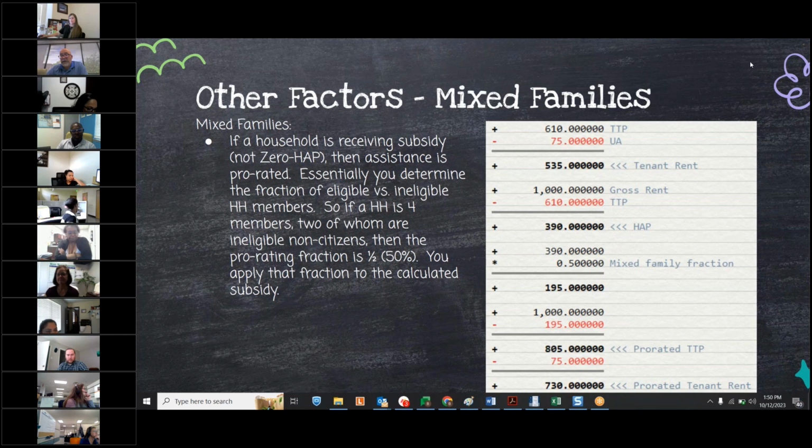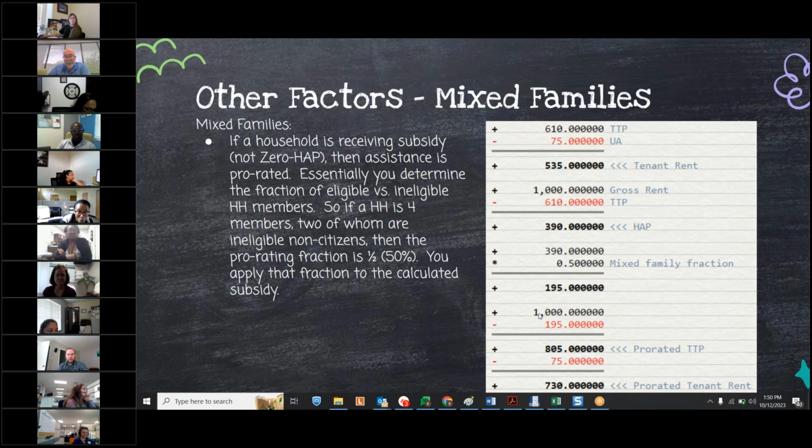So in our example, we take our 390 HAP amount and multiply that by our fraction of 0.5. That gives us 195. That would be their actual HAP amount.